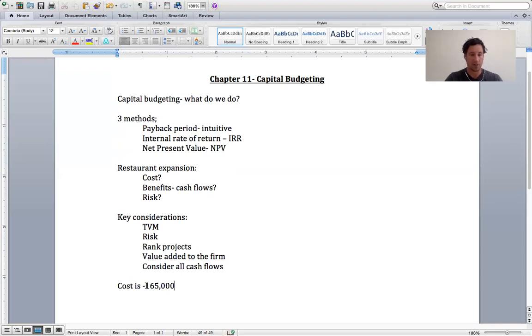All right, so it's going to cost us $165,000 today to add on and do whatever equipment and hiring and everything else we need with that. And then we expect cash flows of $63,120, $70,800, and $91,080.